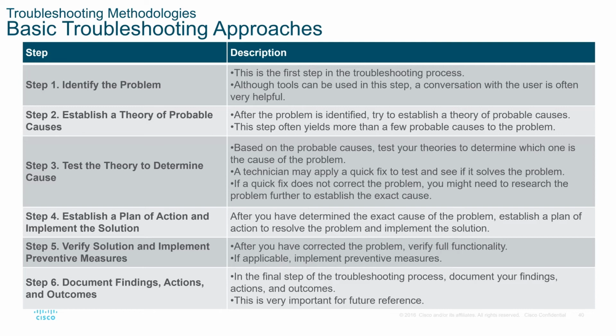Verify the solution and implement any preventative measures. You must verify that the network is fully functional after any solution has been implemented. Once done, document all findings, actions, and outcomes, because this problem may occur again in the future, or something similar.